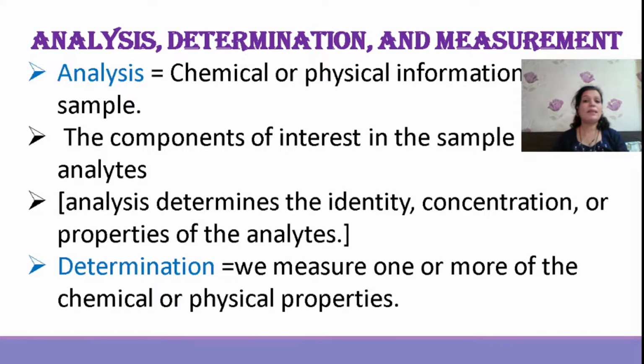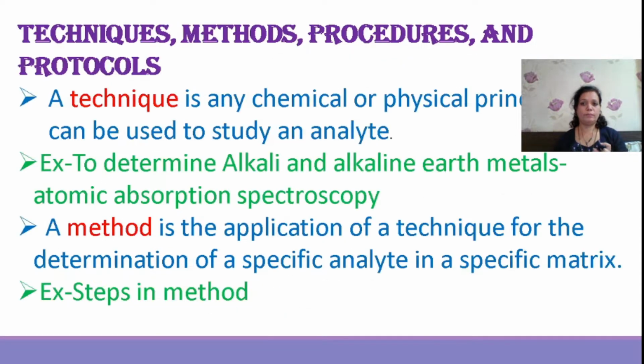And when we spell out the word determination, if you remember, we have written most of the practical experiments with the title "to determine". So we want to measure one or more physical or chemical parameters in a given sample. That tells me about the word determination.